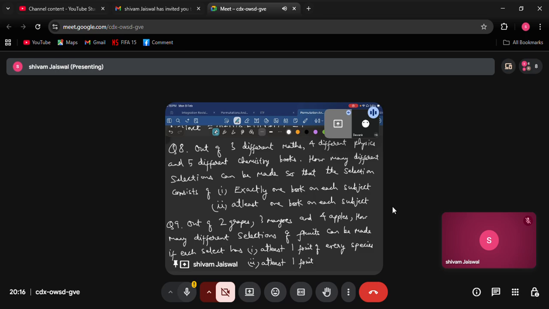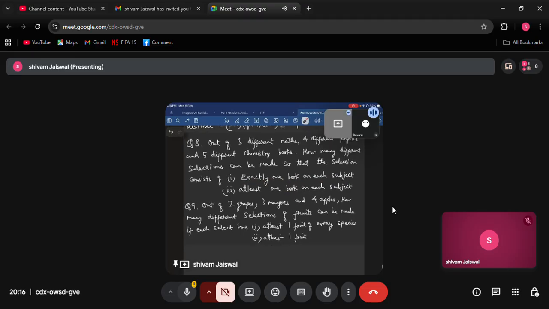So Raktim, I'm starting 8 part 1. Pay attention. There are 3 different maths books. There are 4 different physics books. There are 5 different chemistry books. How many different selections can be made so that the selection consists of exactly one book on each subject? Exactly one book on each subject means what? In how many ways can you select one maths book?